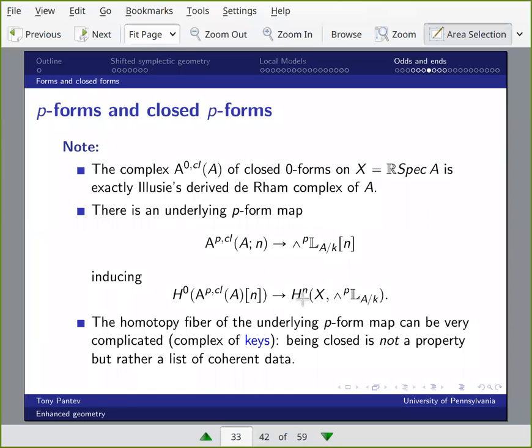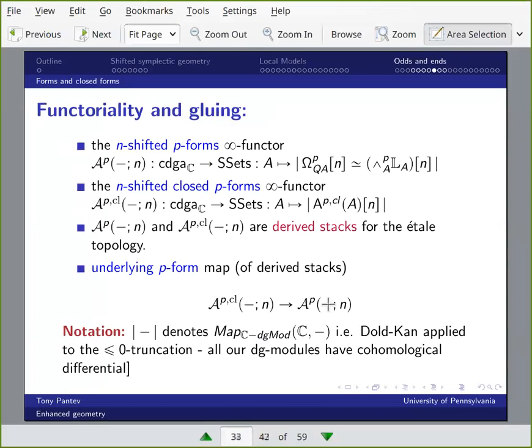But if it's non-trivial, then it's just extra data that tells you what the meaning of closeness is. And you need to keep track of that data. And so this is what's happening in the local situation, and you can glue that.